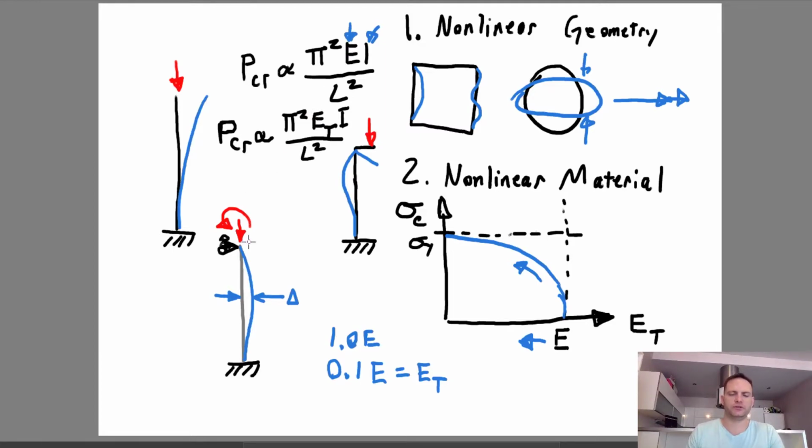The tricky thing is, as you calculate this P crit, it changes and affects your compressive stress, and that changes your tangent modulus. So you get into this cyclical thing.